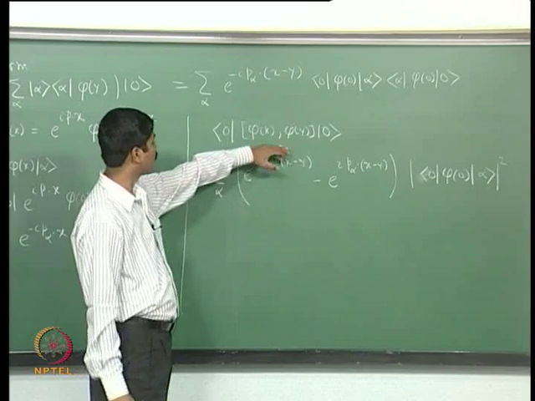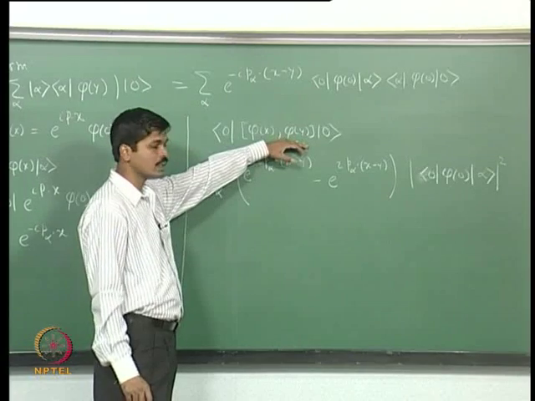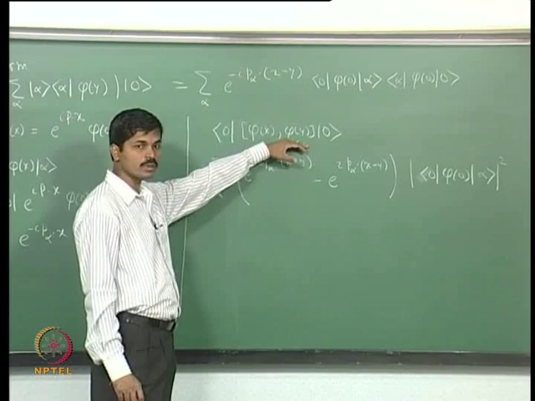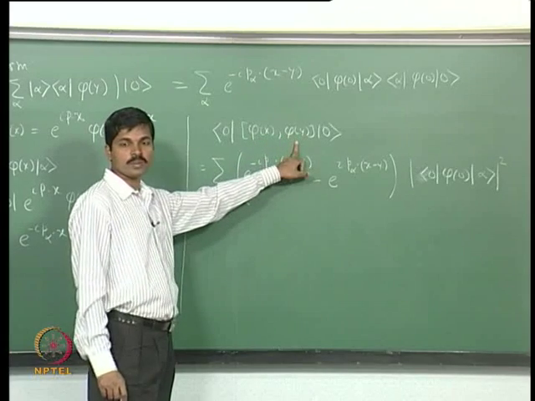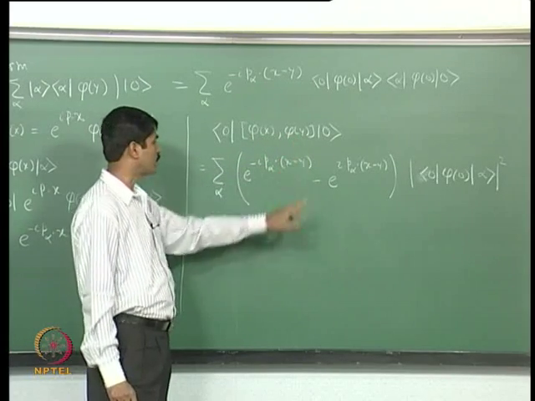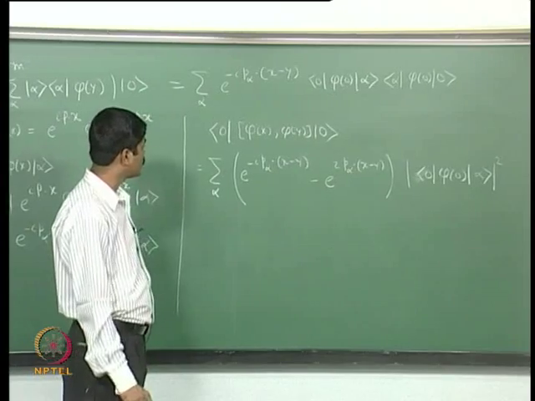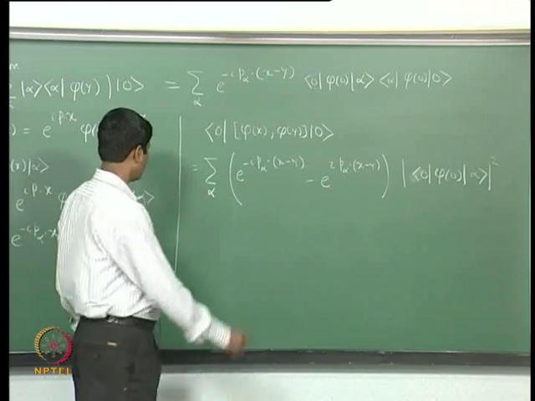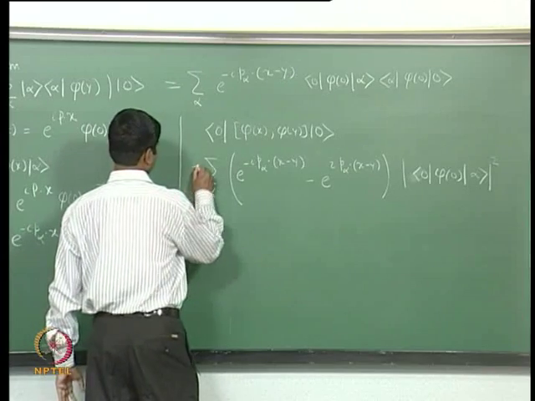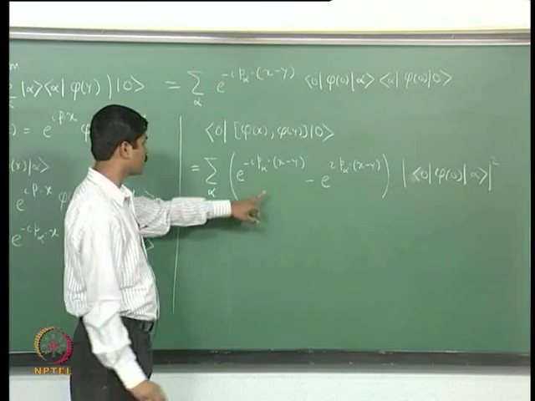What we would like to do is express this quantity in terms of the vacuum expectation value of commutators in the free field theory. That is what we would like to do. To do that, let us write it in a form that will be more convenient for us.